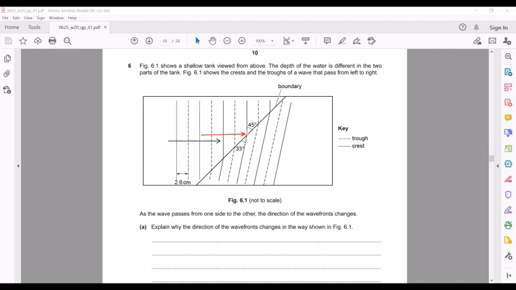Now what is this angle? We always take an angle from the normal. So what we have to do is draw the surface that is given. This is the direction in which the wave is traveling.